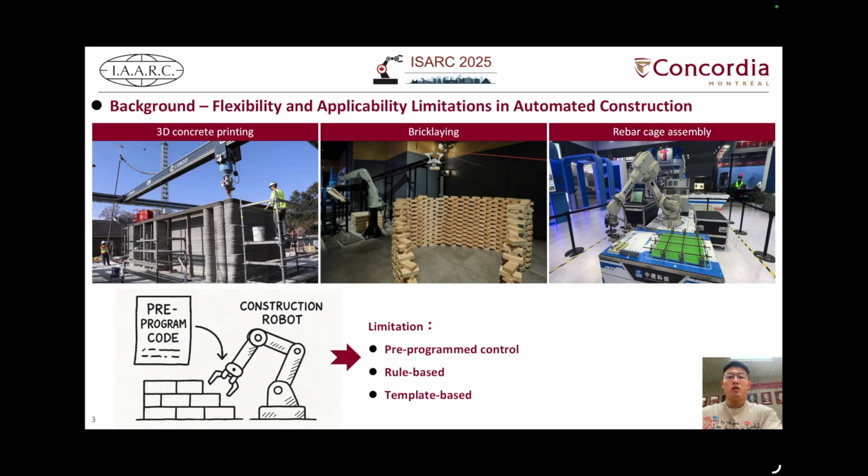The flexibility of these methods is limited, like a rule-based method or template-based method. For example, a robot designed for bricklaying cannot be used for 3D concrete printing. Therefore, this study aims to improve the adaptability and flexibility of automated construction methods.